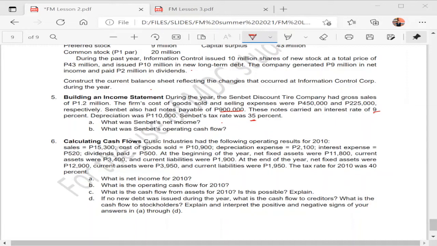And then we add the depreciation of 110. And then we have our taxes of 116,900. So your OCF would be 408,100. Okay? I think that's easy to answer.